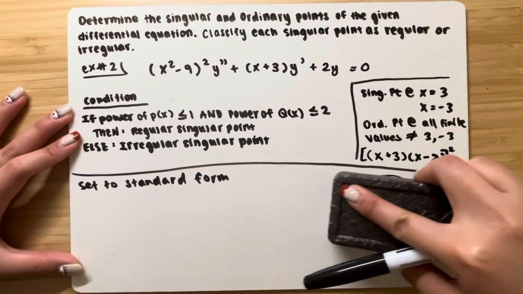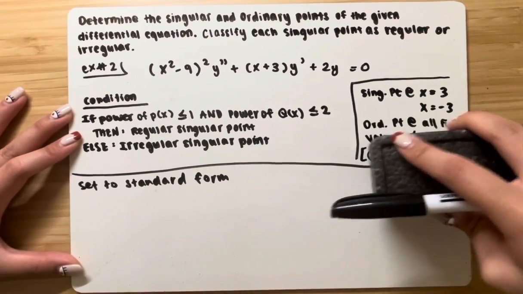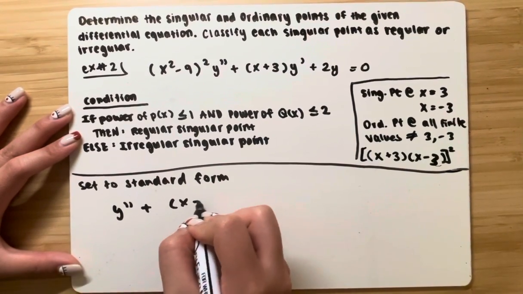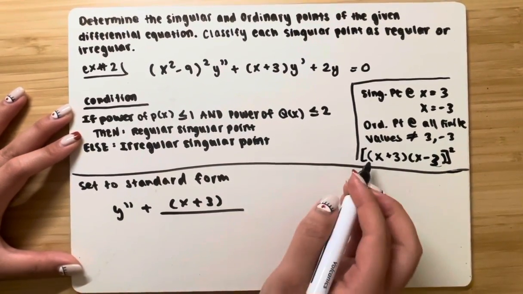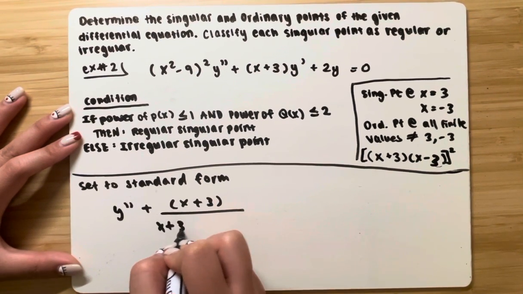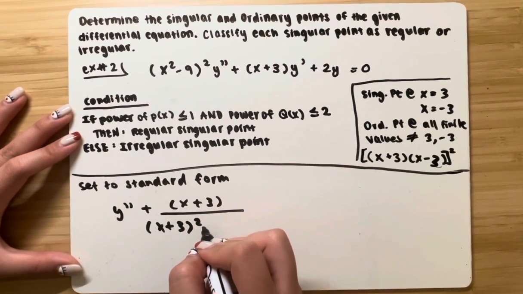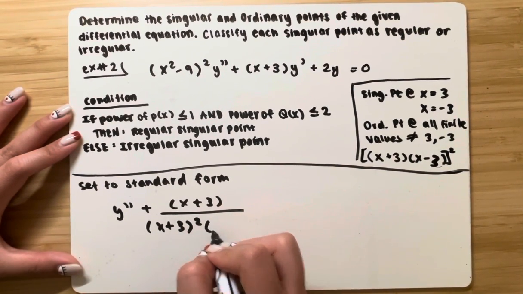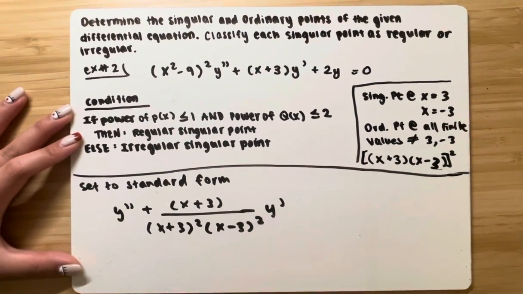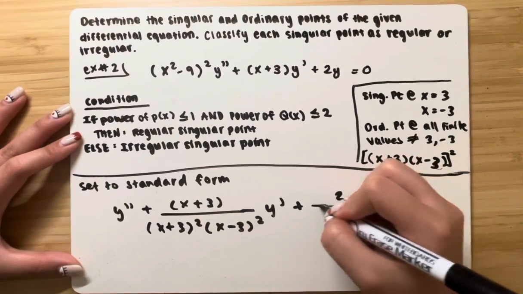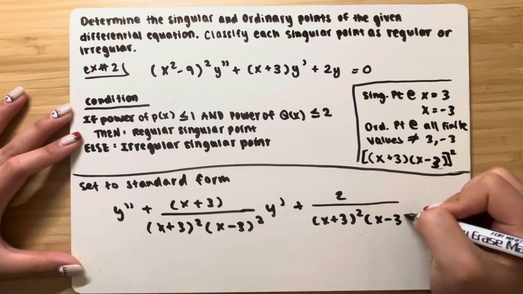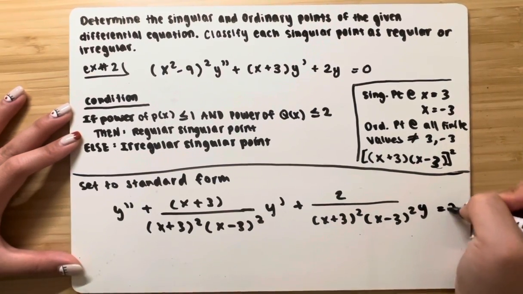So moving on, you have y double prime plus (x plus 3) over this value, which is (x plus 3) squared and (x minus 3) squared, y prime, plus 2 over (x plus 3) squared and (x minus 3) squared, y equals 0.